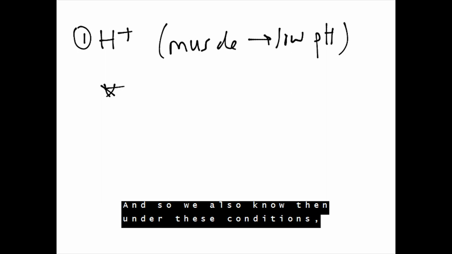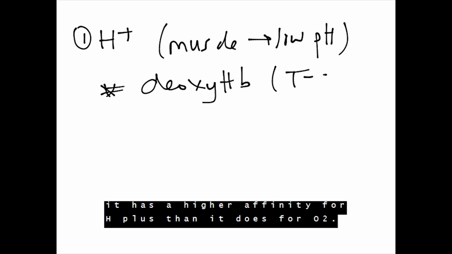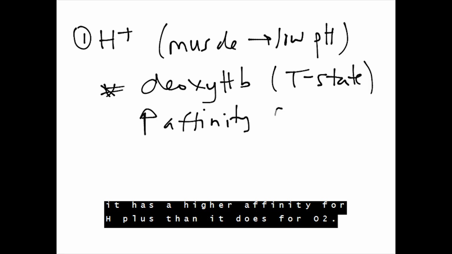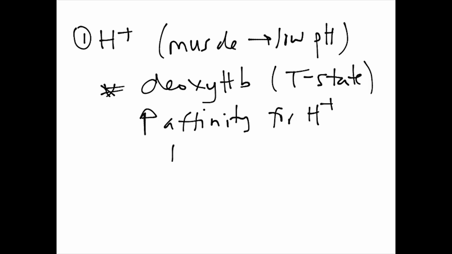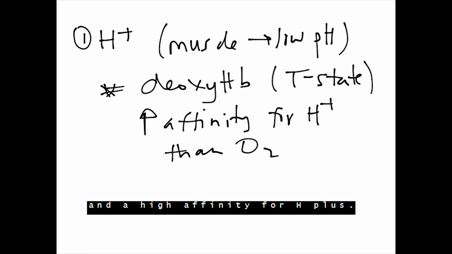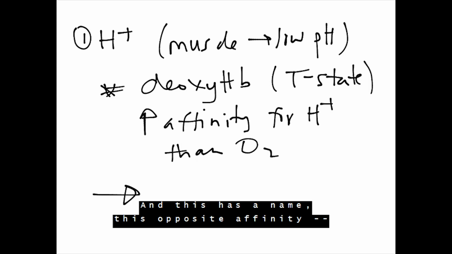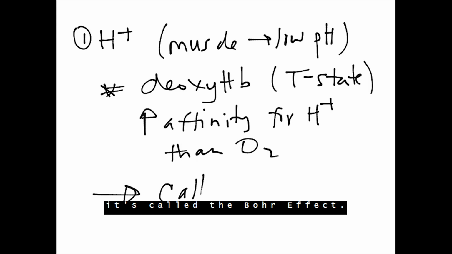And so we also know then, under these conditions, deoxyhemoglobin, which remember is the T state, has a higher affinity for H plus than it does for O2. So the T state has a low affinity for O2 and a high affinity for H plus. So deoxygenated hemoglobin's job is to pick up that H plus. And this has a name, this opposite affinities. It's called the Bohr effect.